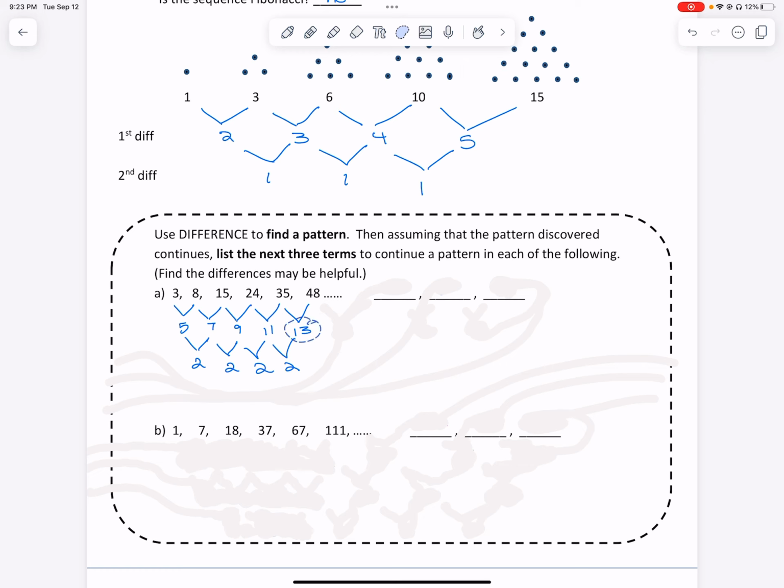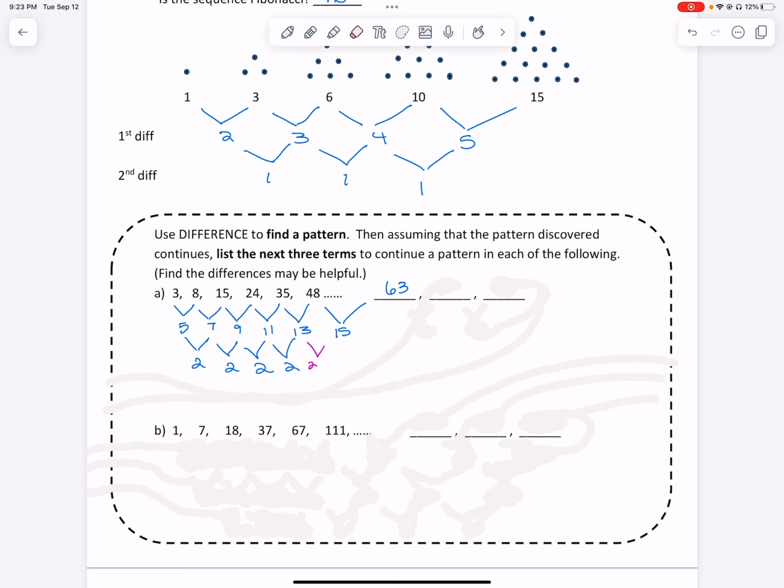So I'm going to add 2 more to that 13. That would give me 15. So I add 15 to my 48, and that's how I got 63.